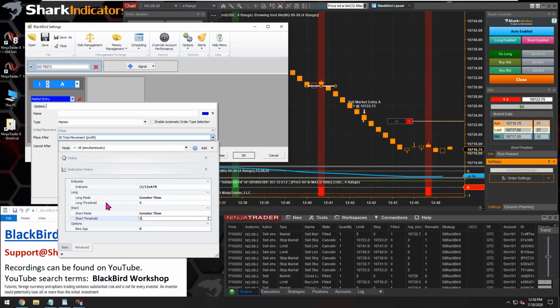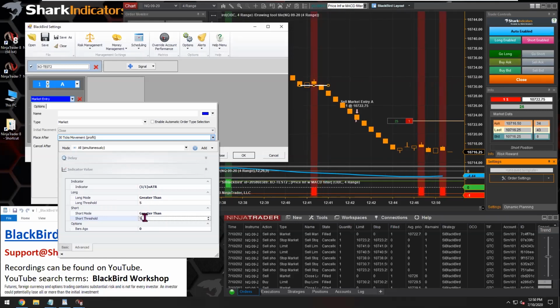So you want to place a secondary requirement on top of your bloodhound signals, in that you want the ATR to get up to 5 or greater, so you're only trading in super high volatility. I guess that's a practical example of one of the reasons why you might want to use the place after.